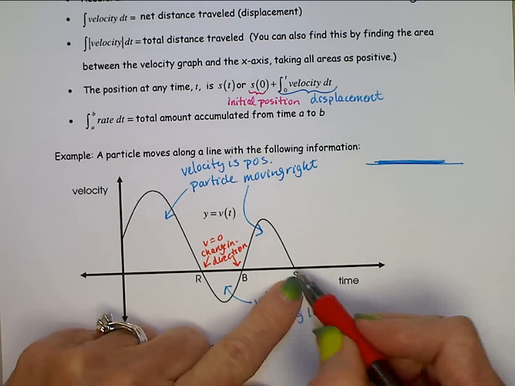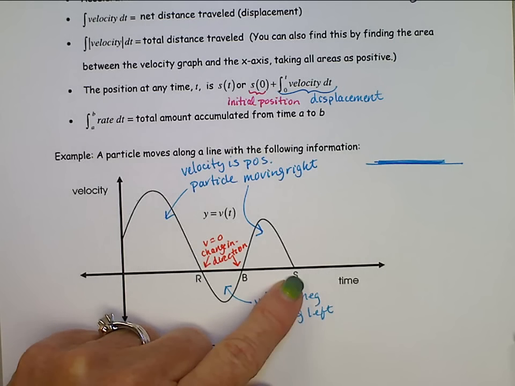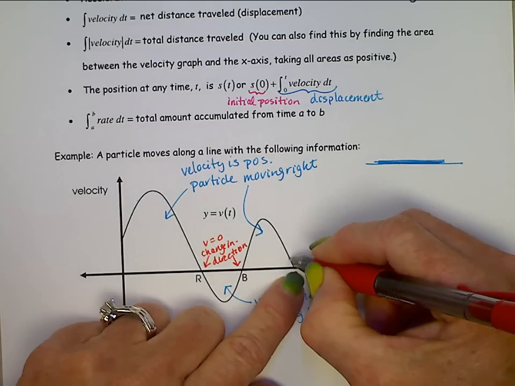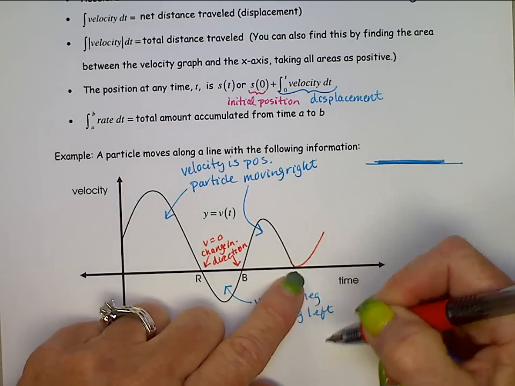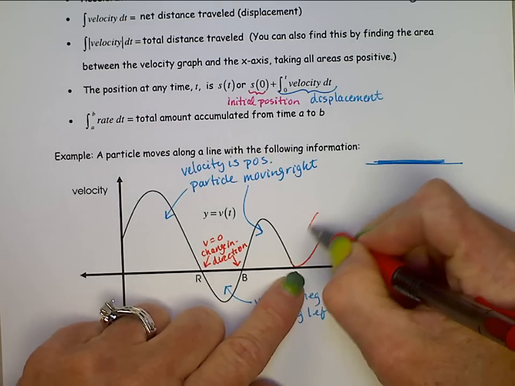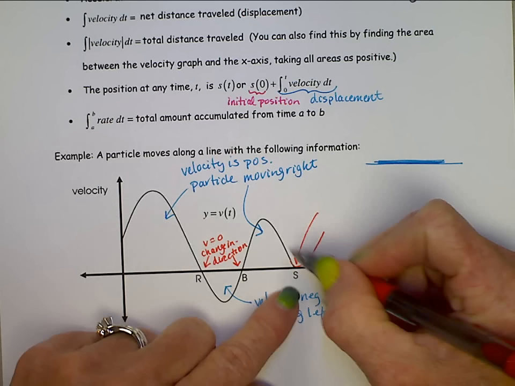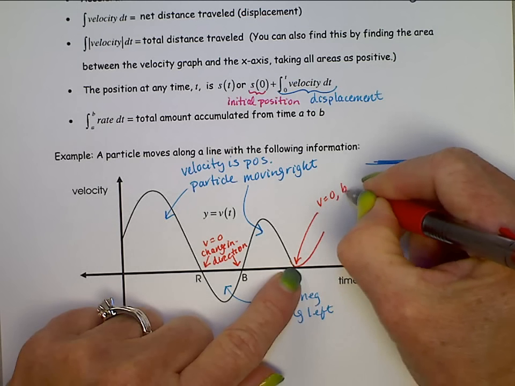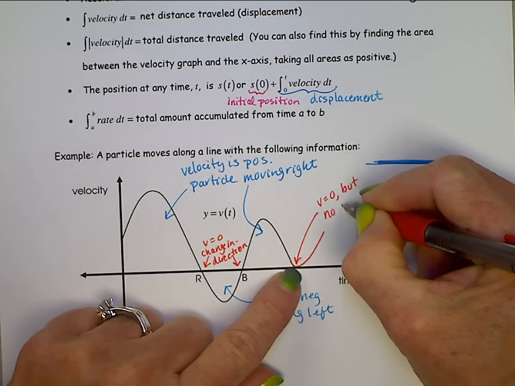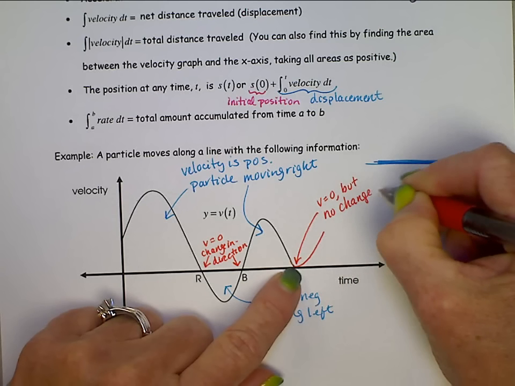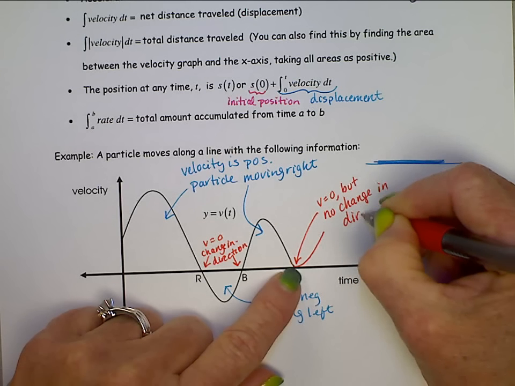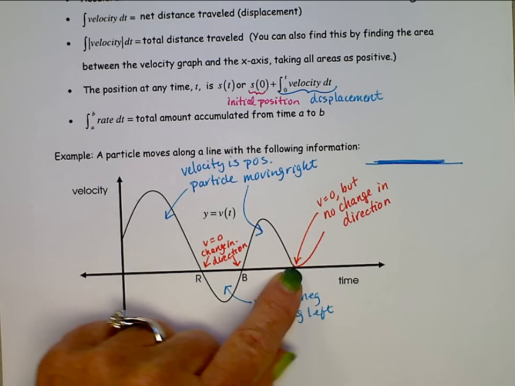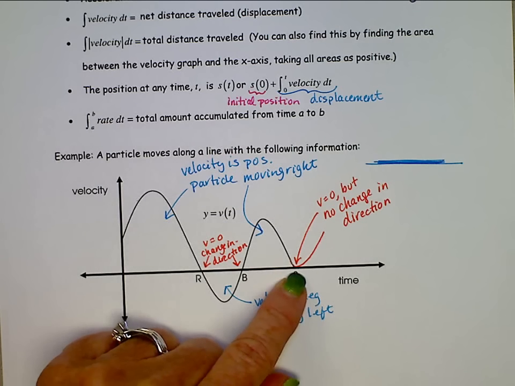Okay, let's take a look at this endpoint over here, S, and just for our purposes at this point, what if this came down and turned back up? Then there would be no change in direction, even though that velocity did hit 0. So this is like coming to a stop sign, making a full and complete stop, and then continuing in a forward direction.